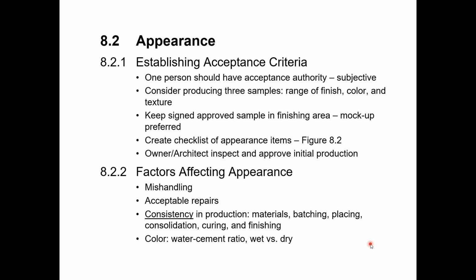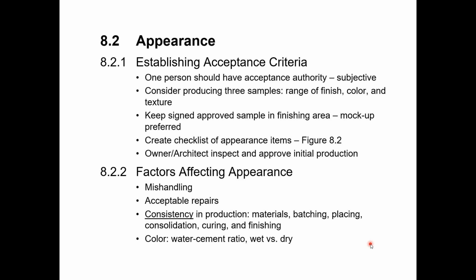And then we talked about this already as it related to the quality of our concrete, but not just the strength and integrity of the concrete, this is also true for the aesthetic, that we are consistent in our production processes, from anything from materials sourcing to batching procedures to placing operations to how we're using the vibrators to consolidate the concrete to our curing methods and curing time, as well as our finishing operations.